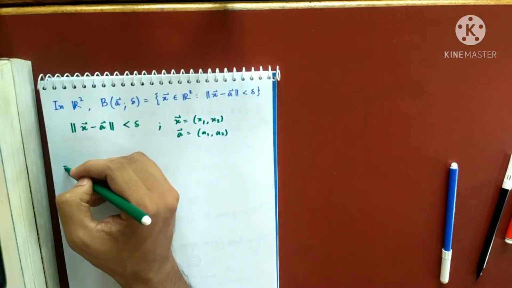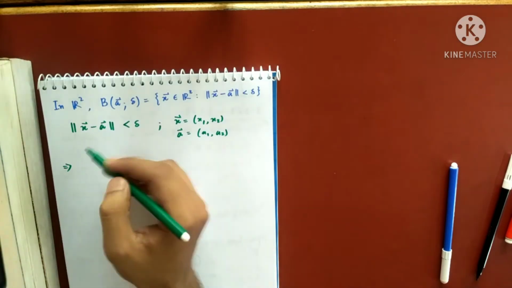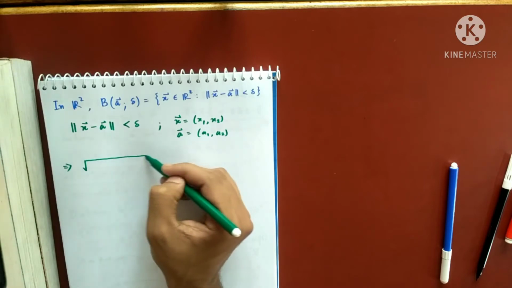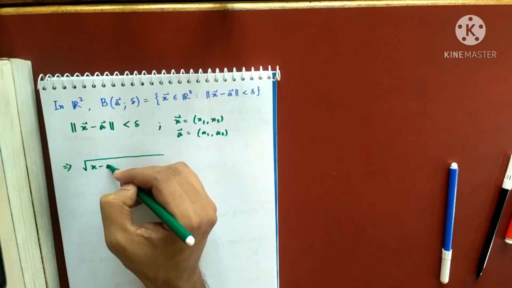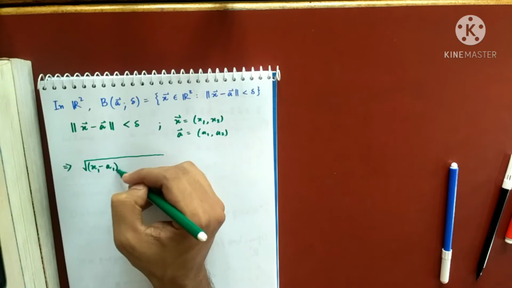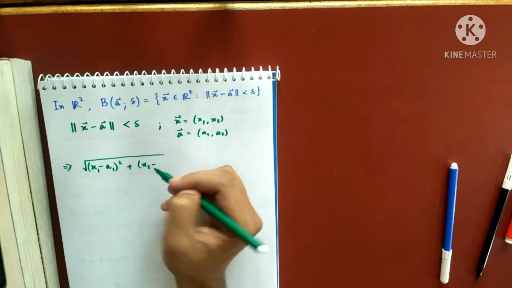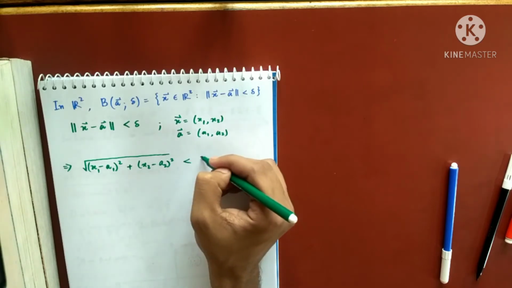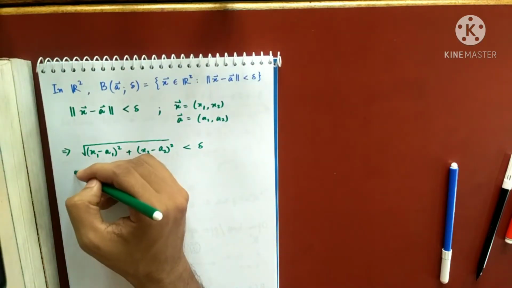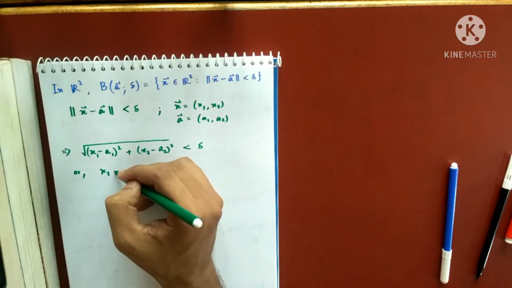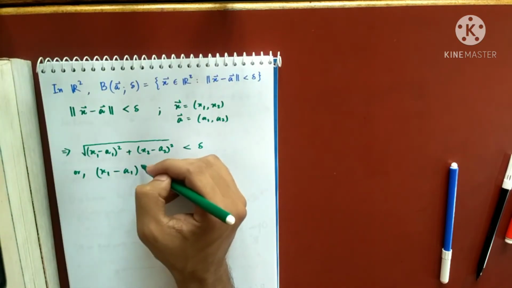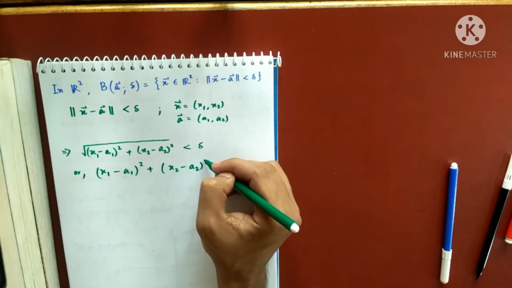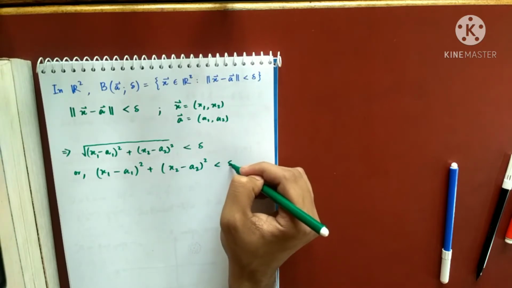If you remember, just turn your pages and see the definition of a norm. When these are the components, it is the root of x1 minus a1 whole square plus x2 minus a2 whole square, and this is less than delta. Let me square both sides. So x1 minus a1 whole square plus x2 minus a2 whole square is less than delta square.